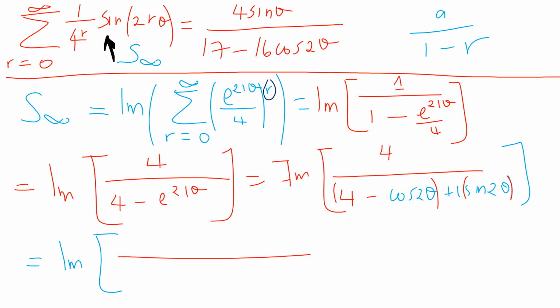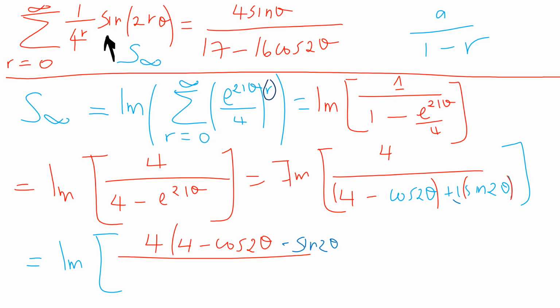So we are going to multiply the numerator by the conjugate of the denominator, which is 4 minus cos 2 theta, then we change the sign in front of the sine 2 theta, so it becomes minus sine 2 theta. That's the conjugate of the whole denominator. We just need to change the positive sign to the negative sign.